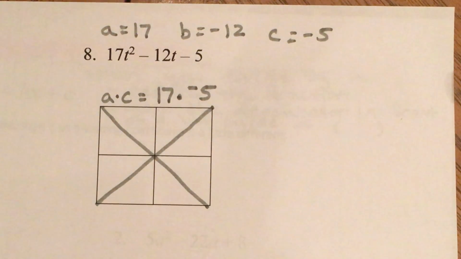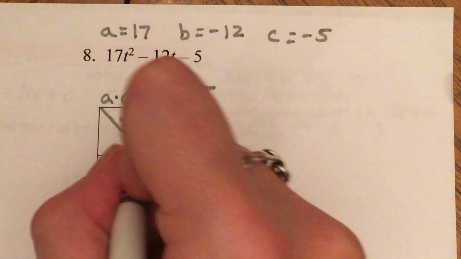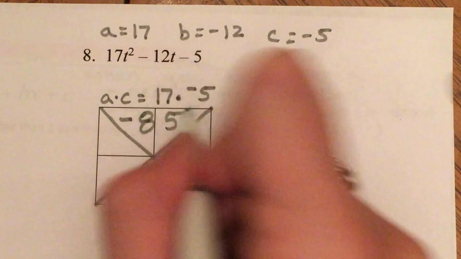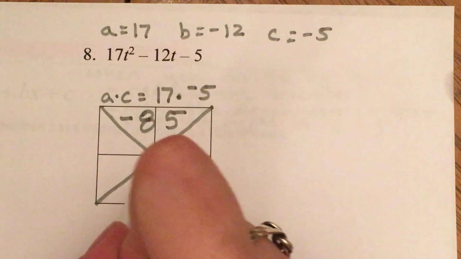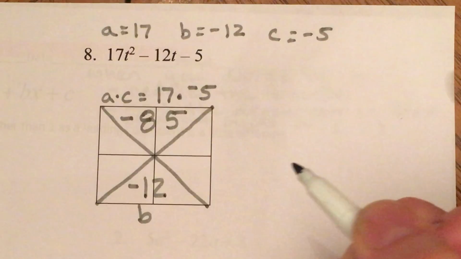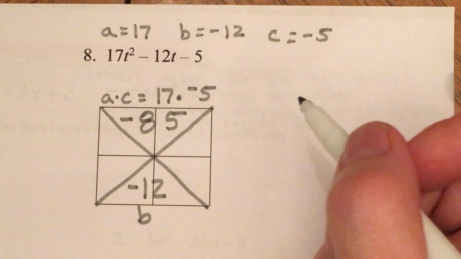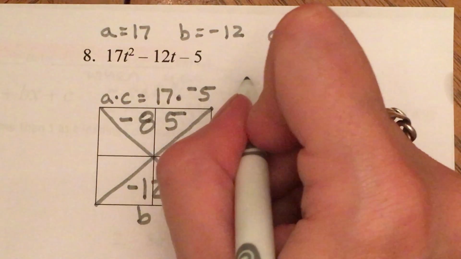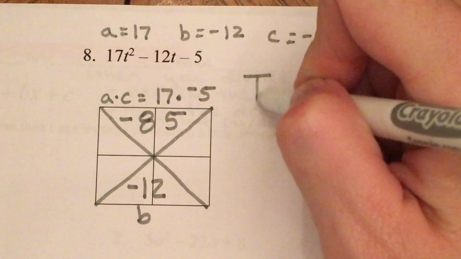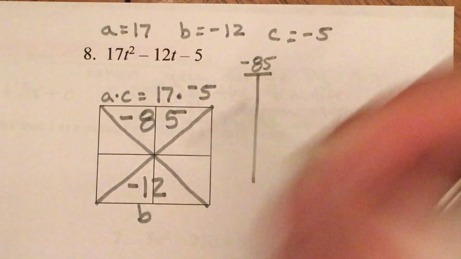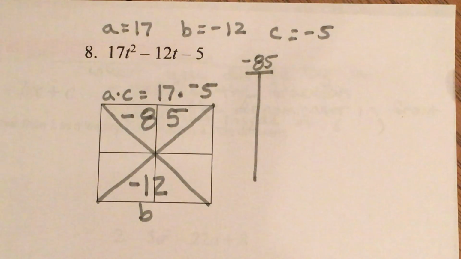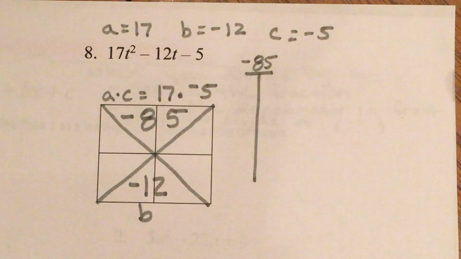Do you know what it is? 85. -85. And on the bottom triangle, good old B, -12. What do we tear apart? -85. Good. See, you're starting to get the hang of this.